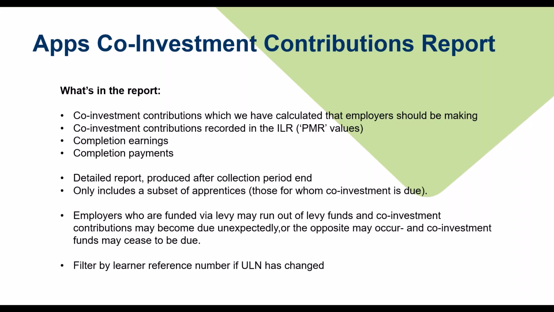And co-investment contributions therefore may become due unexpectedly. Therefore, it's wise to regularly check your co-investment contributions report. You could obviously check it every month, then you won't miss any additional learners being added to that report.